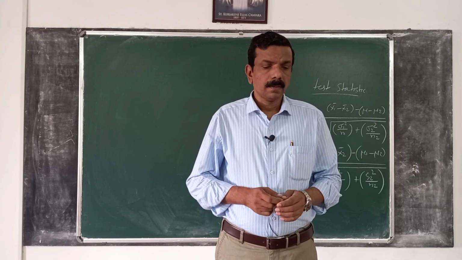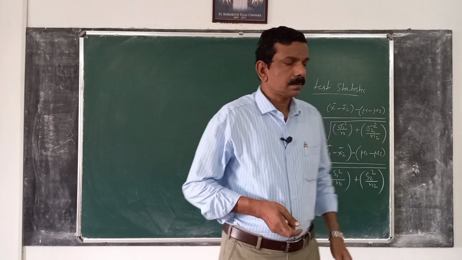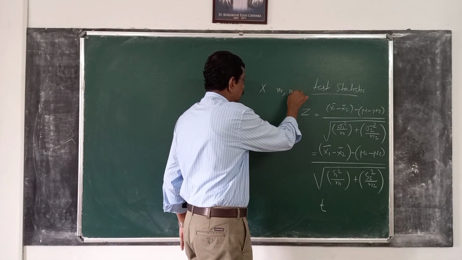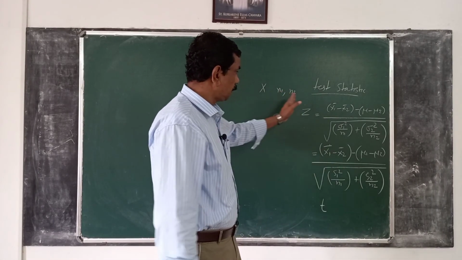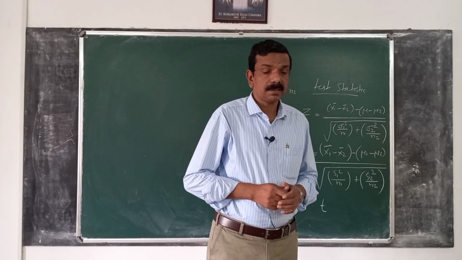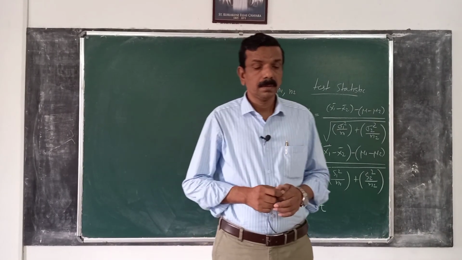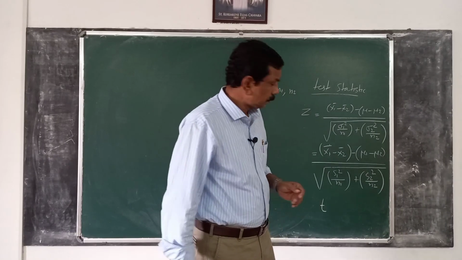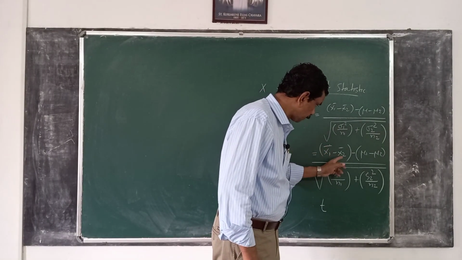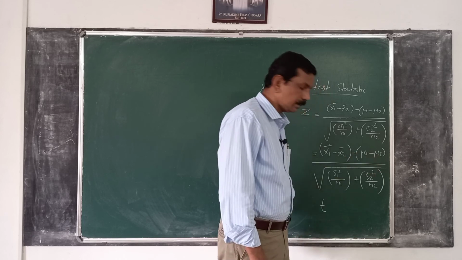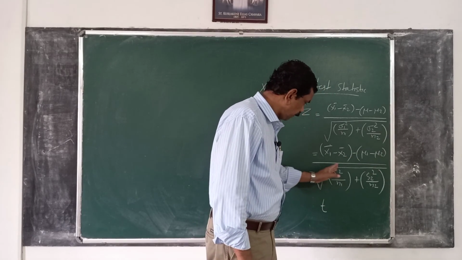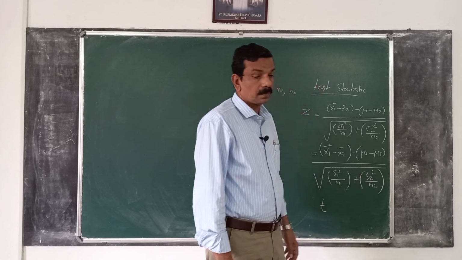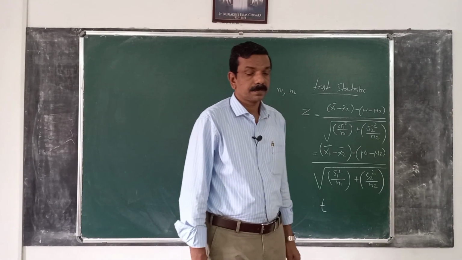Then, for independent samples of size n1 and n2 from the populations, the variable x bar 1 minus x bar 2 minus mu1 minus mu2 by root of s1 square by n1 plus s2 square by n2 follows t distribution.